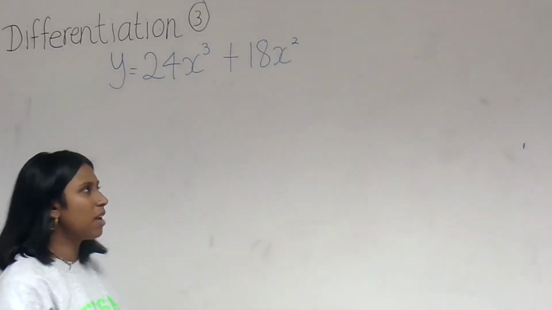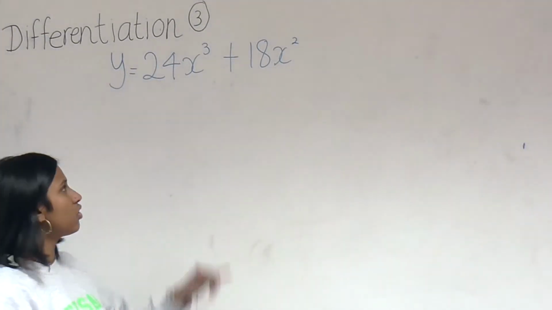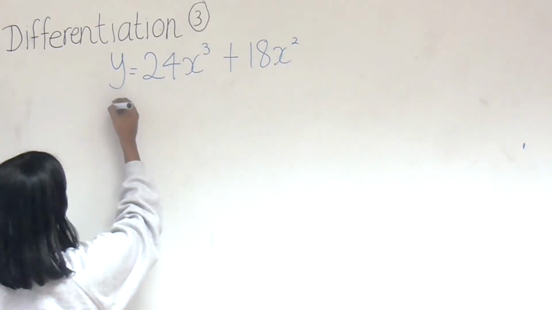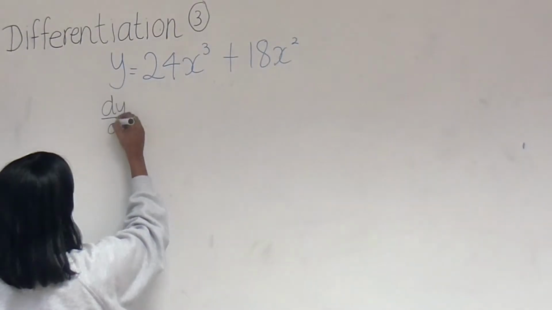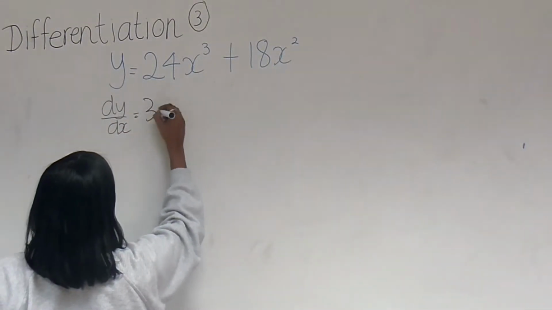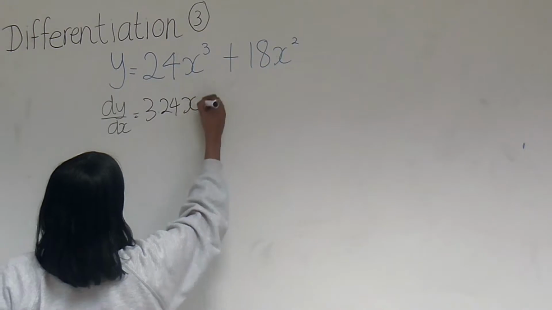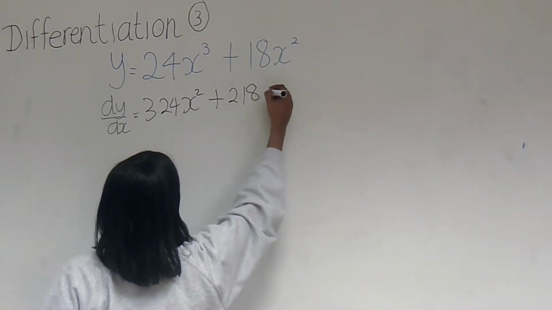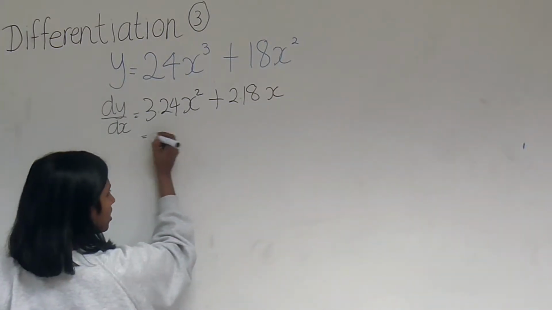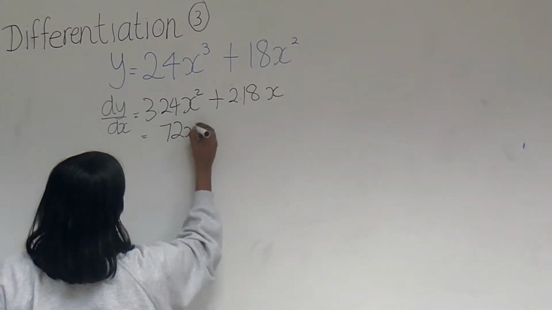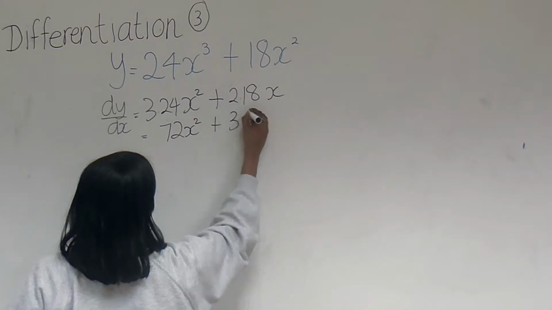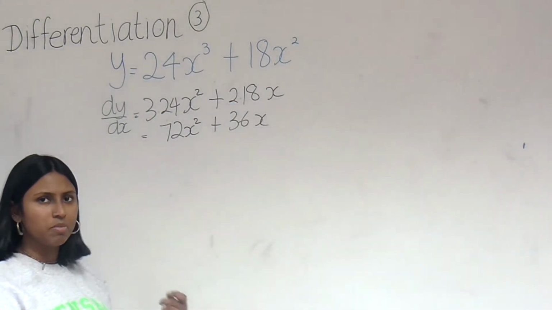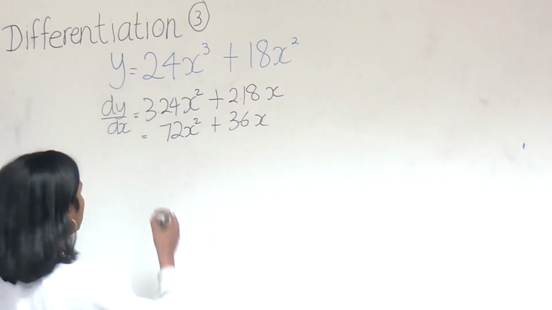To find the minimums, maximums and inflection points of this function, what we first need to do is differentiate it. So our dy by dx is going to be 3 times 24 x to the power 2 plus 2 times 18 x, which is 72 x squared plus 36x. And then to find the x coordinates for the minimum and maximum, we have to equate this to 0.